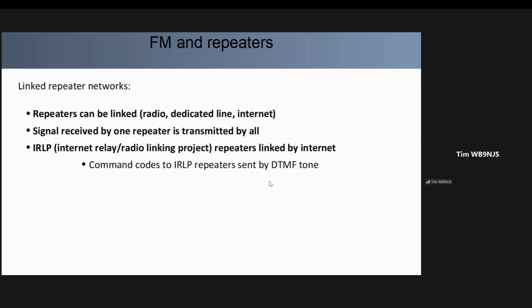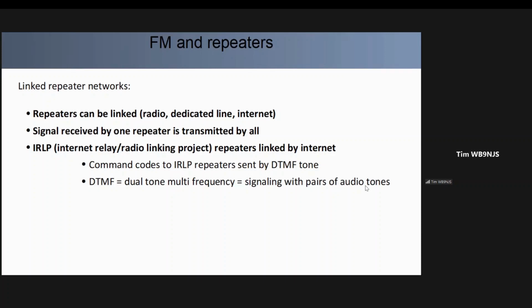Those command codes to IRLP repeaters are sent by DTMF tone. DTMF is the generic term for touch tones. What does that mean? Well, the DT is for dual tone. MF is multi-frequency. So DTMF is dual tone multi-frequency. That means you're signaling with pairs of audio tones.